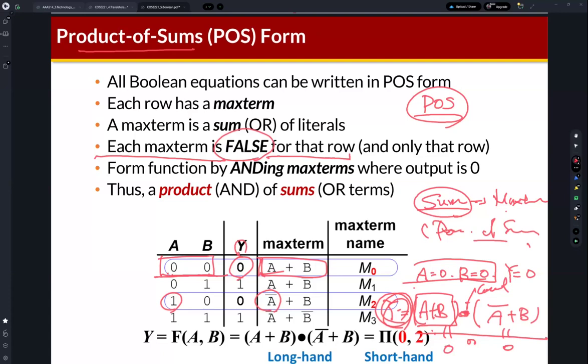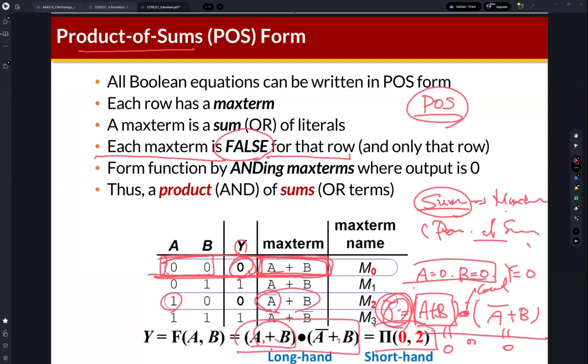So we can make the product, then the output will be 0. If one of the max terms is 0, then the output will be 0. So that's why we need to think inversely for the product of sums. Okay, so we need to select the max terms that can make Y 0. Then these max terms are multiplied like this.